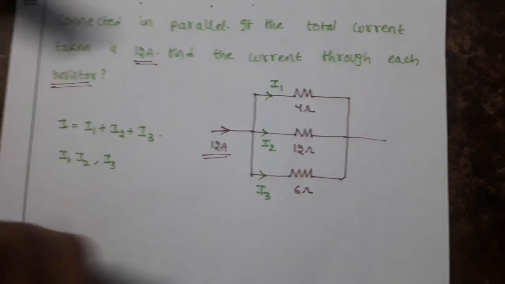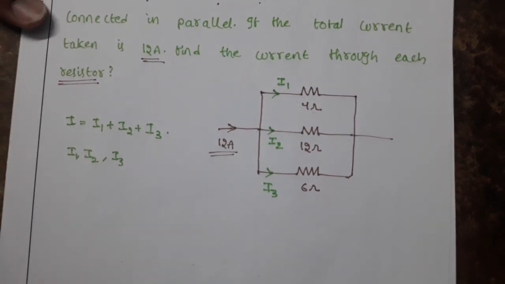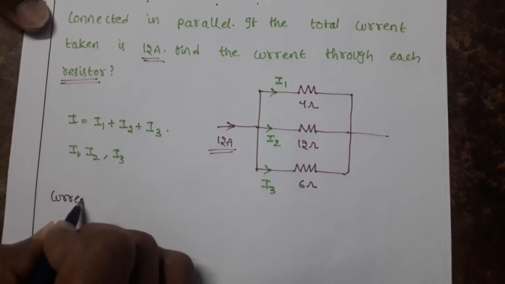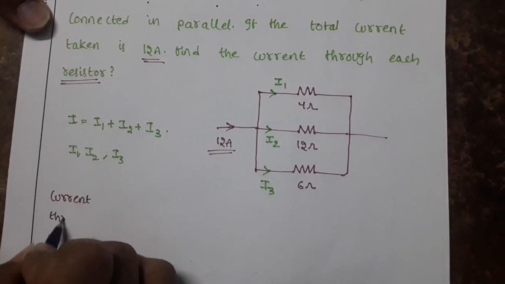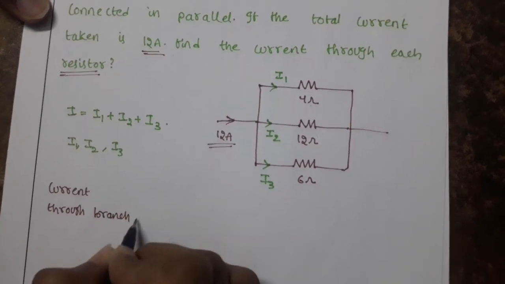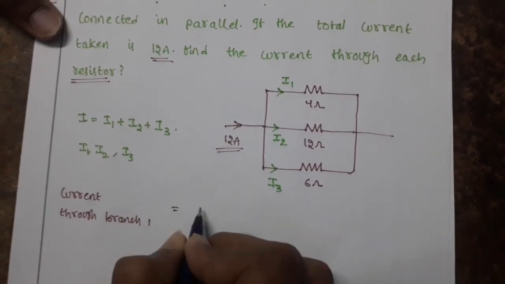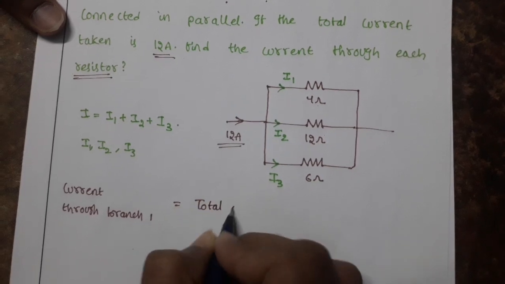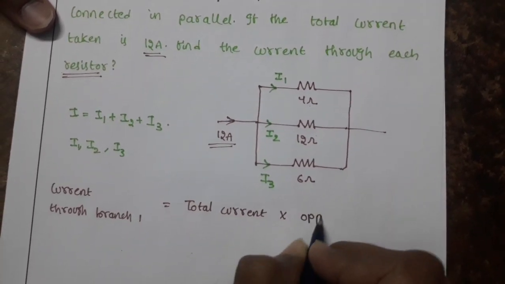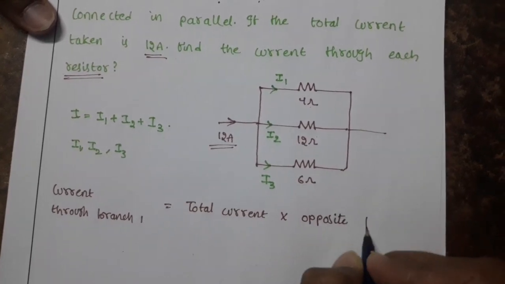According to the current division rule, we know the current through branch 1 is equivalent to the total current into the opposite branch resistance.